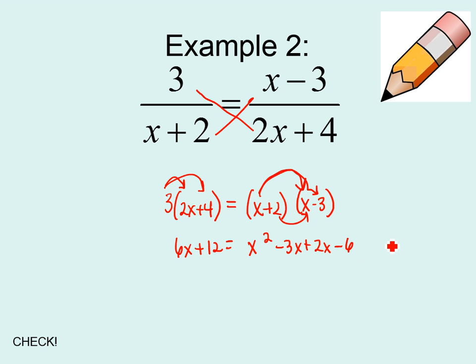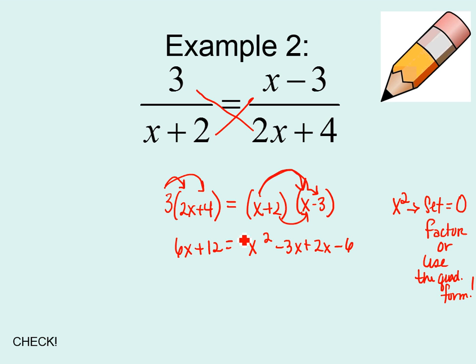And now what makes this an Algebra 2 type problem is I have an x squared, which means I have a quadratic, which means in order to solve a quadratic, I need to set equal to 0 and factor or use the quadratic formula.